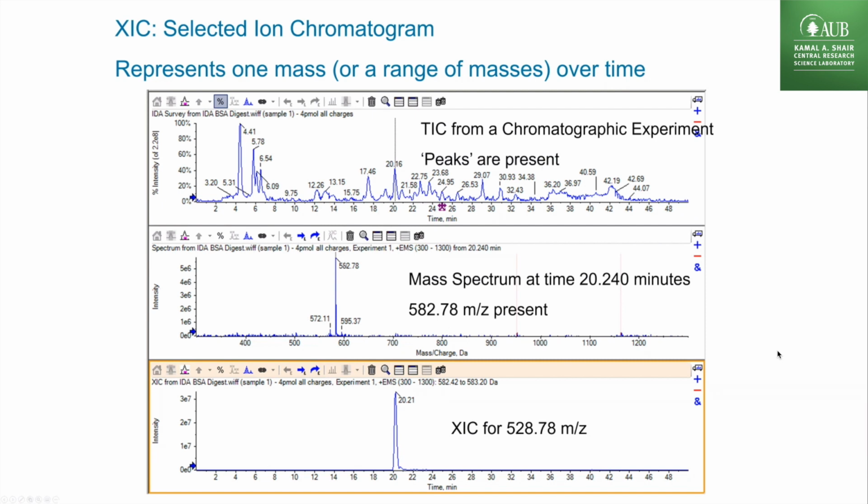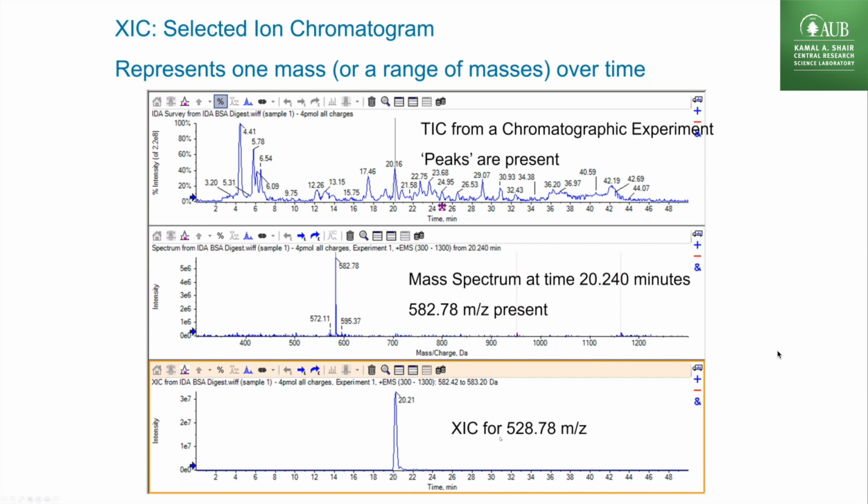Now I've identified 582.78 as coming at that time. I want to see a chart of 582.78 over time. So I'm asking for a more simple chromatogram. That's what an XIC is, a selected ion chromatogram. It's selected for one particular mass.